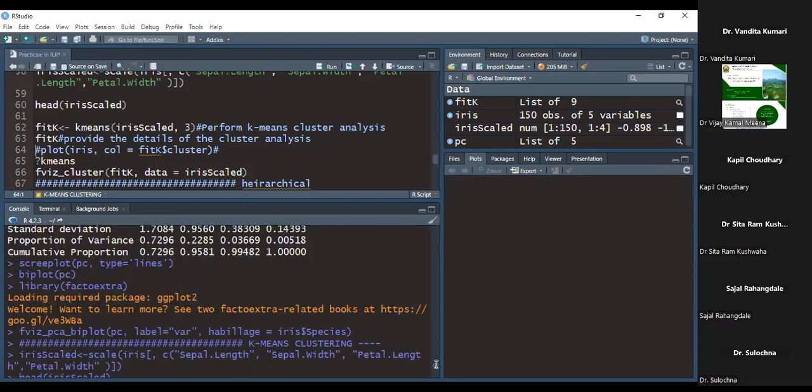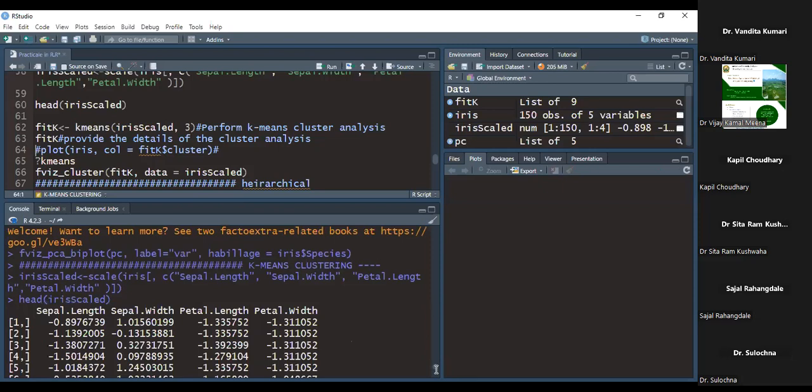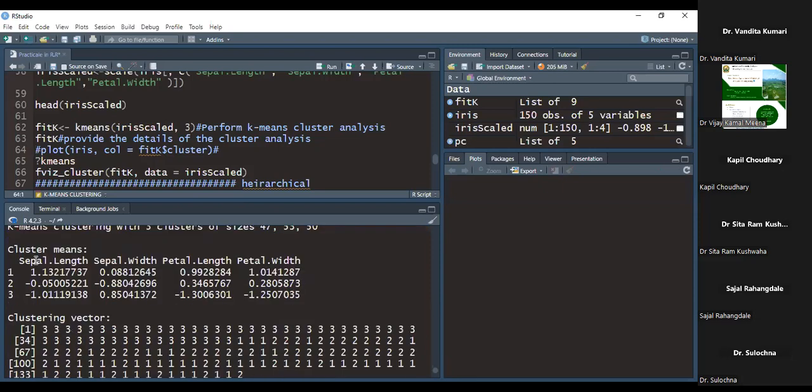Then we have the mean of the clusters. So the cluster means for the first cluster, the sepal length, the mean value is this. Similarly, the mean value of the second cluster and so on. The clustering vector means to which cluster the values belong.